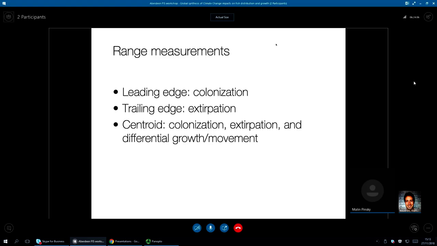The centroid, in some ways, is useful because it pulls together many different kinds of demographic processes, and in some ways is really a pain to look at because, again, it pulls together so many demographic processes. It's hard to tease apart just from looking at centroids what's actually going on. Empirical distribution, again, captures all of those processes together.